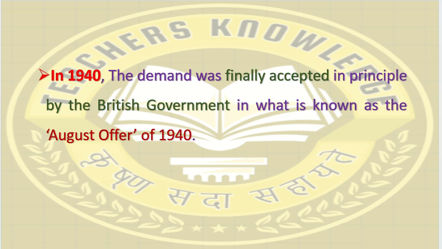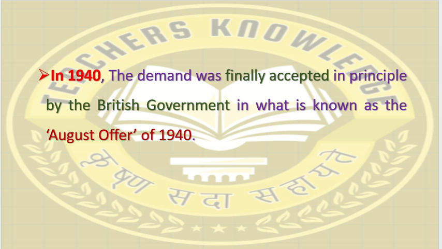The most important point to note here: what is the August Offer? The demand for the Constituent Assembly finally accepted by the British government in 1940 is called the August Offer.